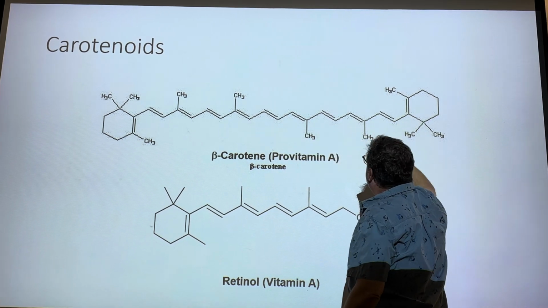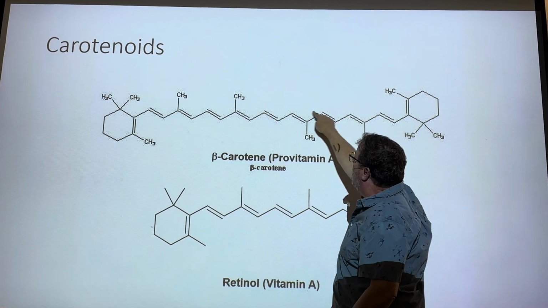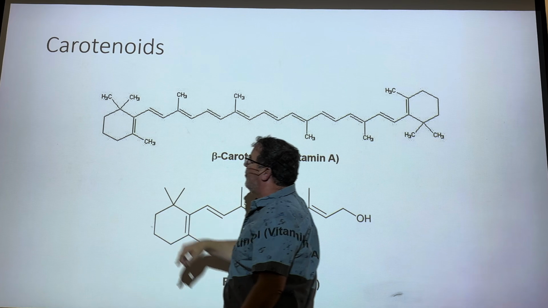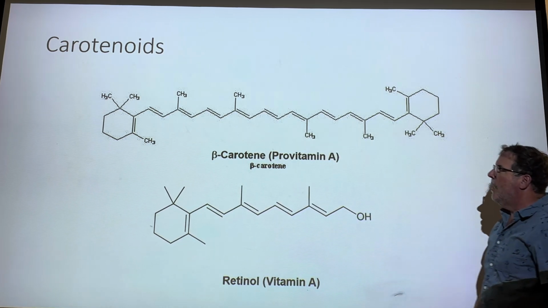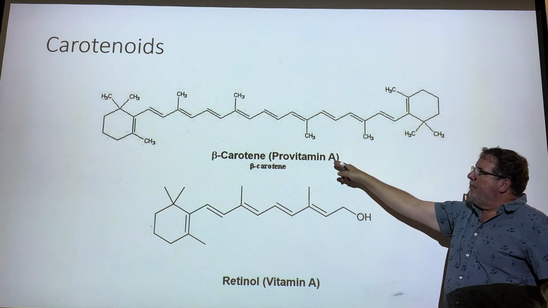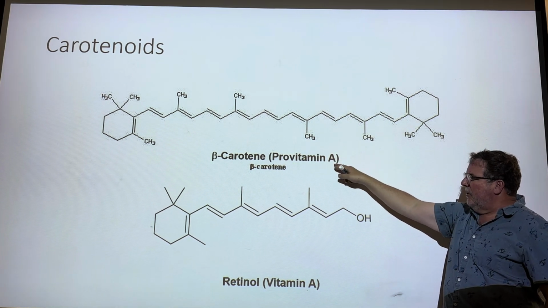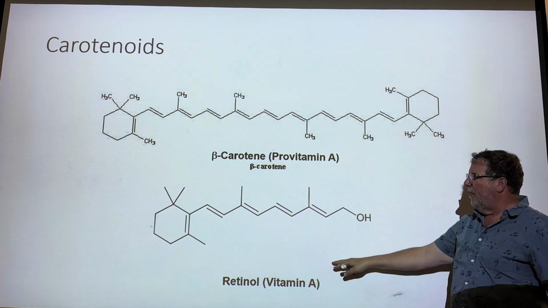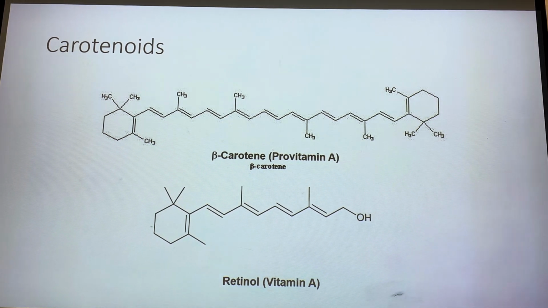So you've got the isoprene here, you have the isoprene there, and then you've got an isoprene here and isoprene here, and there are also isoprenes around there. So again, the natural role of that is to serve as a light harvesting pigment in the light harvesting complex of photosynthesis, but from a nutritional standpoint, this is provitamin A, because then the body converts it to retinol, vitamin A.